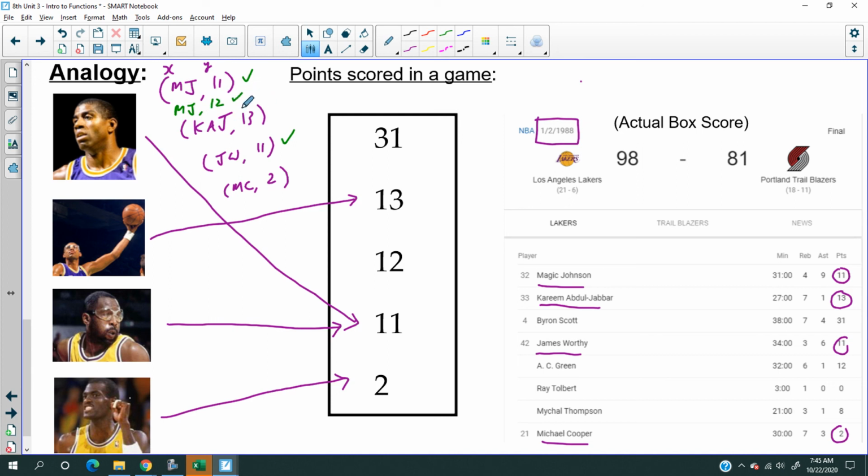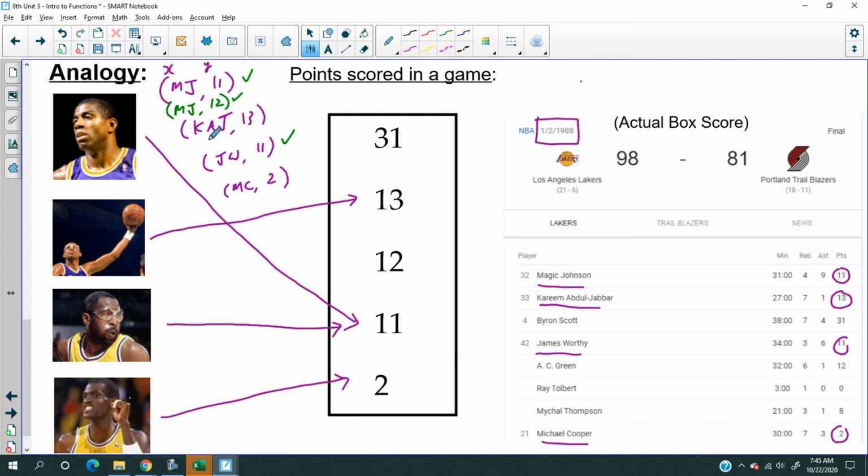Because if you look at that, you'd be like, wait, what? How does he score 11 points and then 12 points in the same game? Now he could score 12 points in the next game, but he can't score 11 and 12 in the same game. You can't have Magic play 2 games within the game, right?